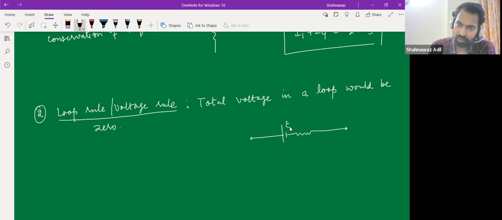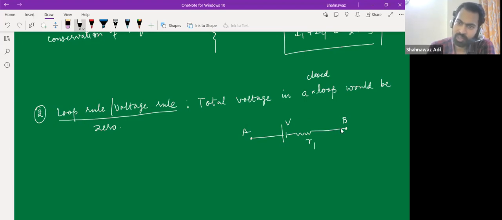Let's say this has some voltage V, and this has some resistance. And I have this point A and B. Is this a closed loop?